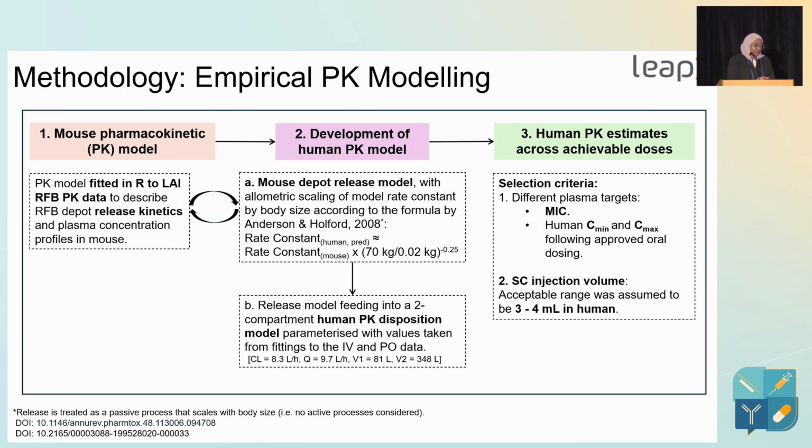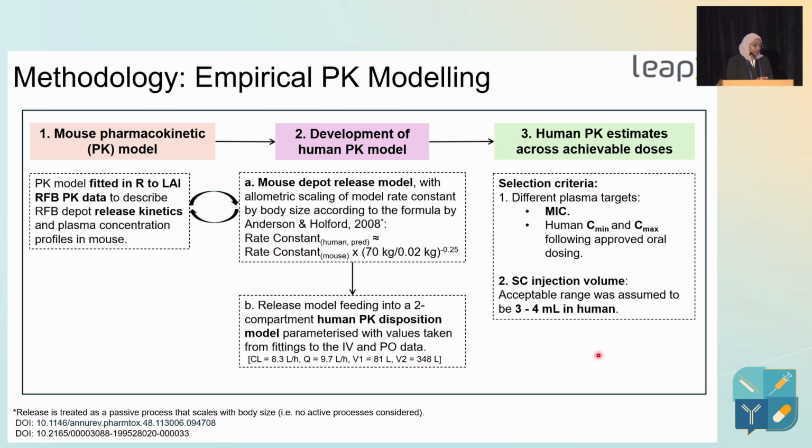First, we started with a mouse pharmacokinetic model. It was developed and fitted in R to long-acting rifabutin PK data from mouse, to describe the rifabutin depot release kinetics and plasma concentration profile.